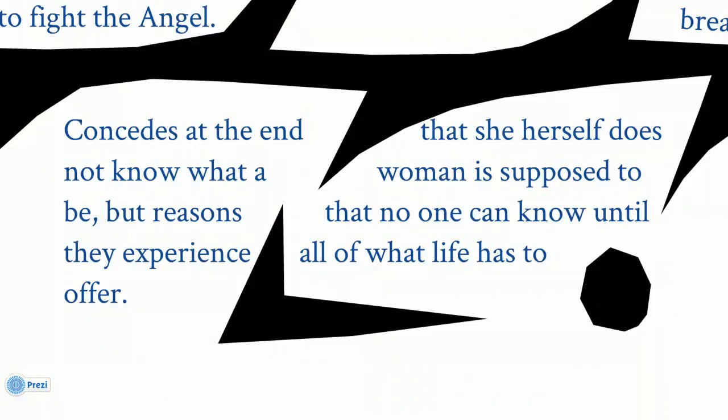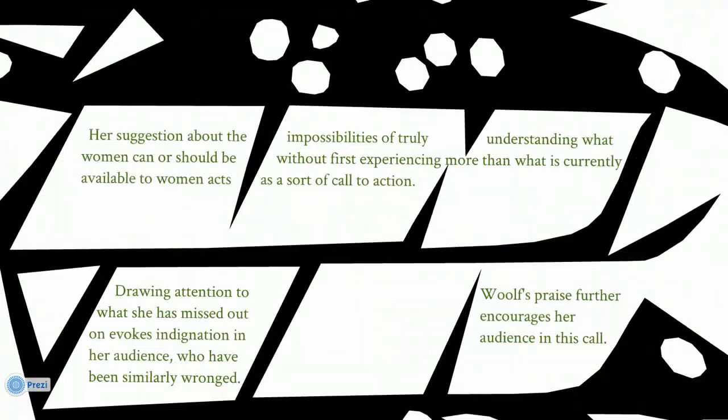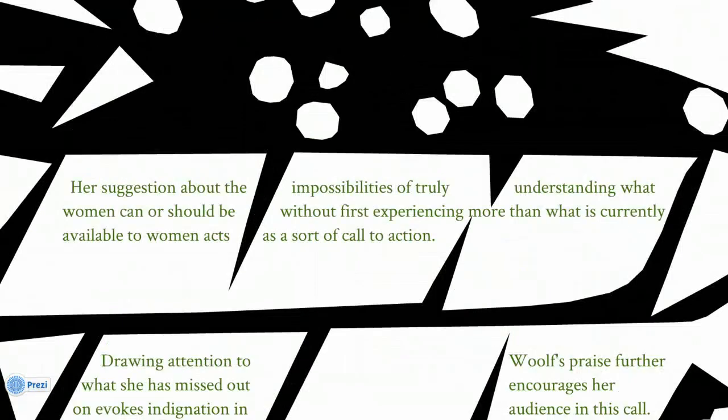She basically says that no women can understand what a woman's role is until they experience everything that is available to, or everything that life has to offer, that men have available to them. The strategy here, pretty obvious. Her suggestion about the impossibilities of truly understanding what women can or should be without first experiencing more than what is currently available to women acts as another call to action.